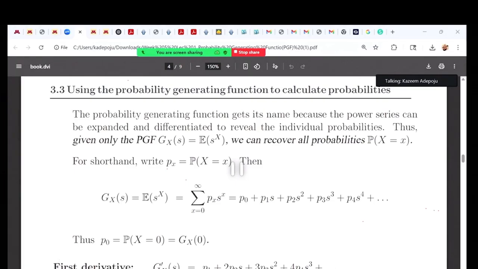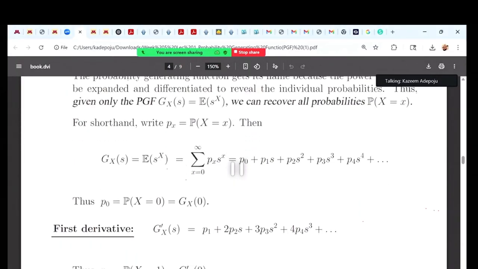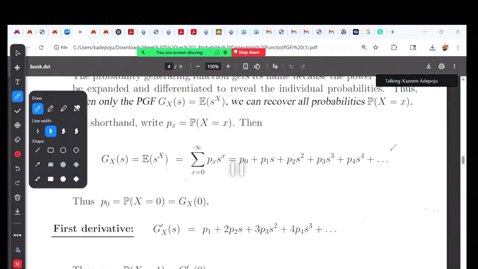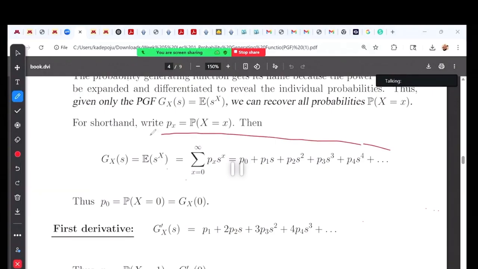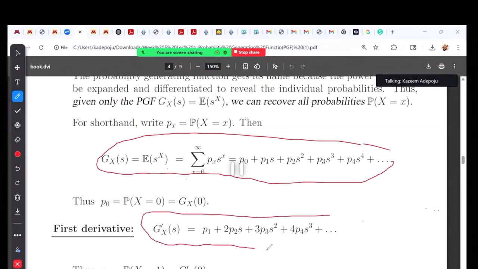If I have this guy now, please pay attention. If I have this as the probability generating function, and I differentiate with respect to s, I'm going to have that. After differentiating, when I plug in s to be 0, what are you going to have? p1.